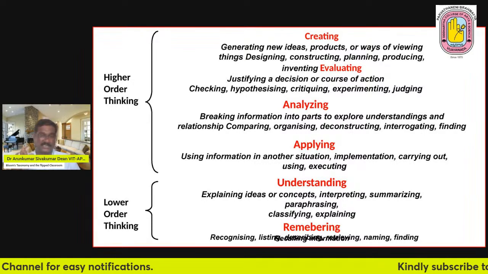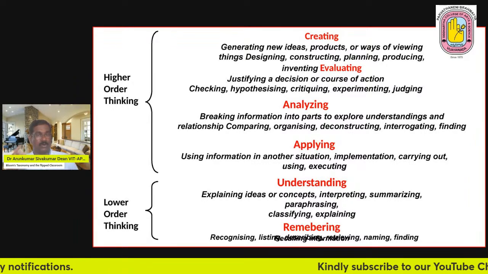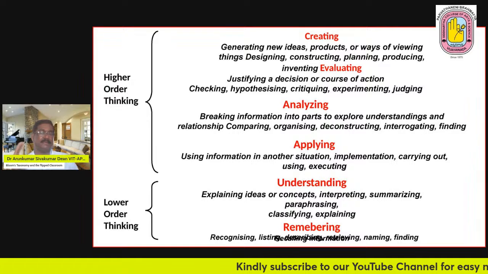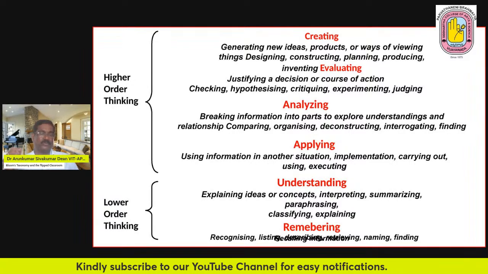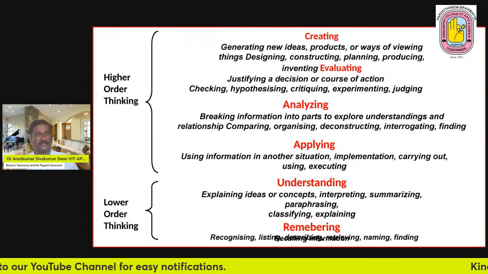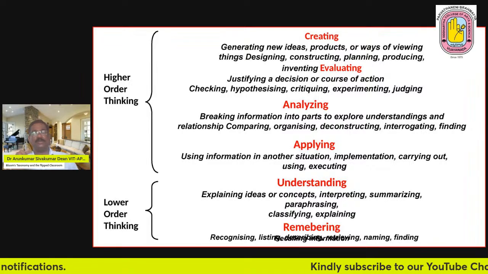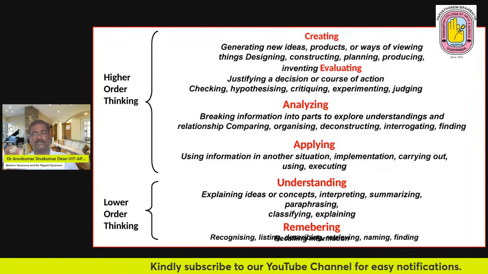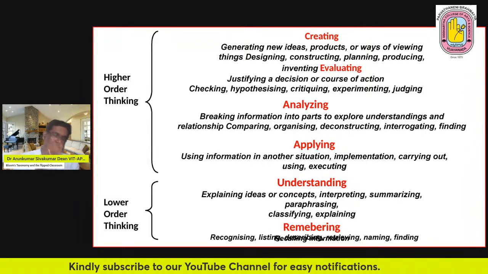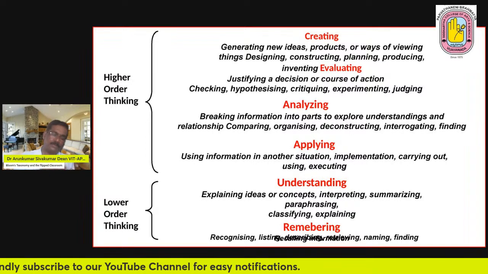These two, lower order thinking, never do inside the classroom, right? Use Google Classroom before the class, give it to the students to do all that. Next one, during the classroom, apply: using information in another situation. Give a contextual example, give a case. What happened to Air India?